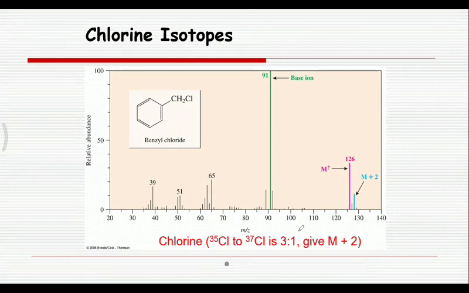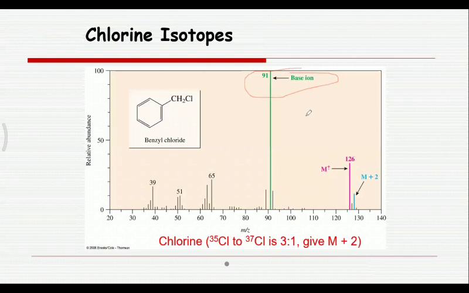That is simply because of the chlorine isotopic abundance 3:1. Here in this particular example the base peak is at 91. Remember, this is the parent ion peak and this is the base peak.